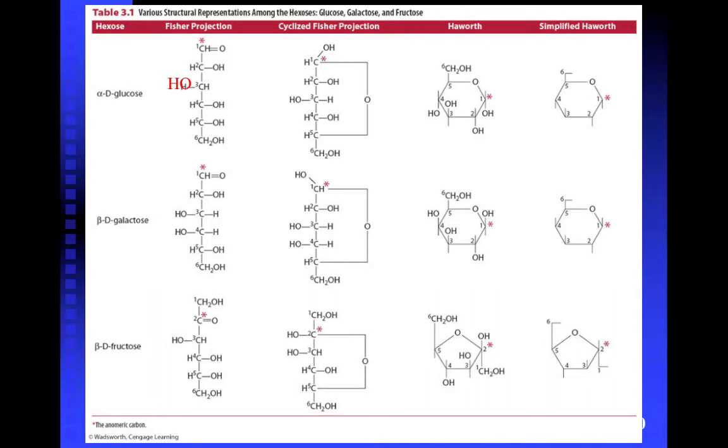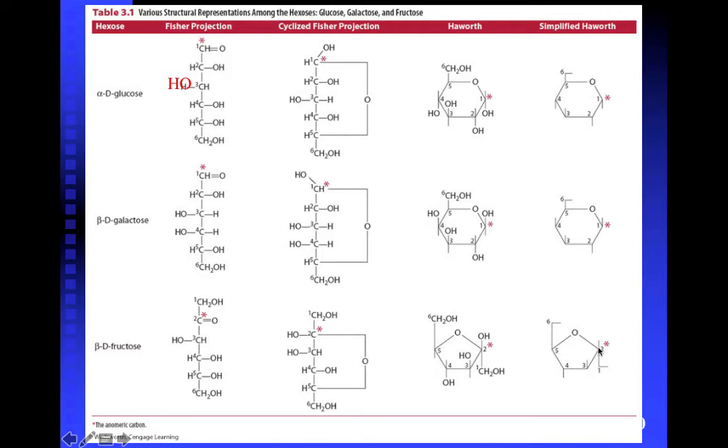So now we draw it like this. Sorry, I lost my cursor. Now we draw it like this. Simplified version is here. Here's our oxygen bridge between carbons 5 and 2 in the case of fructose. Remember, here's our anomeric carbon. Here's the CH2OH as part of carbon number 1, so we draw it with a line and an angle.